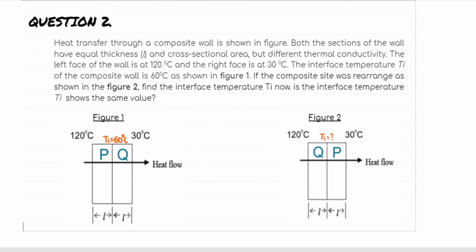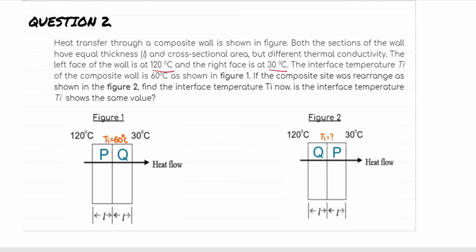Question 2. The heat transfer through a composite wall is shown in the figure. Both sections of the wall have equal thickness and cross-sectional area, but they have different thermal conductivity. The left face of the wall is at 120 degrees Celsius and the right face is at 30 degrees Celsius.